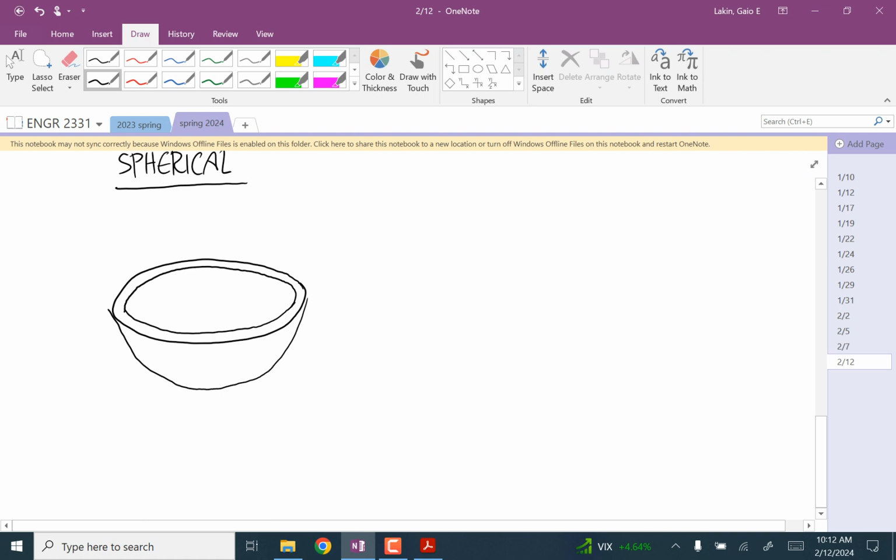So there's part of the sphere that goes up here, but we're not isolating that in our free body diagram. And we have this force that's being applied to the part that we're isolating, acting this way.